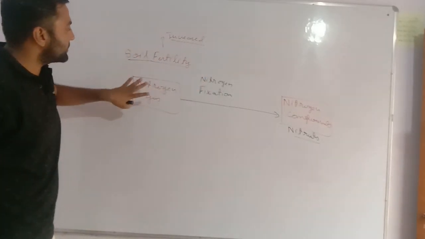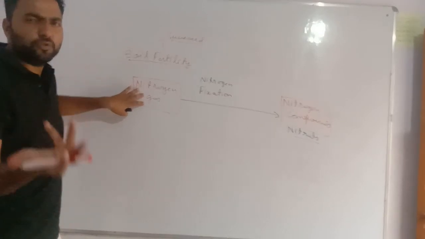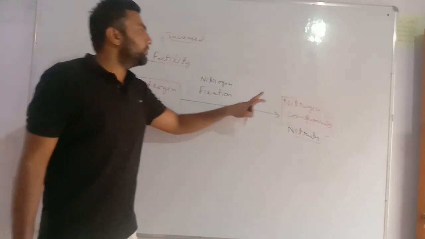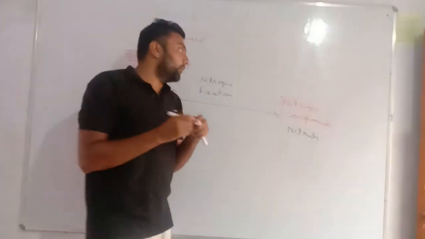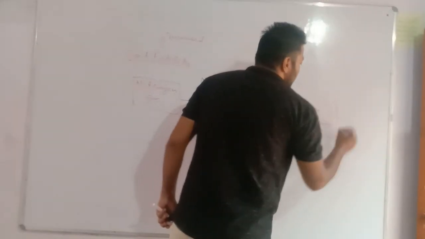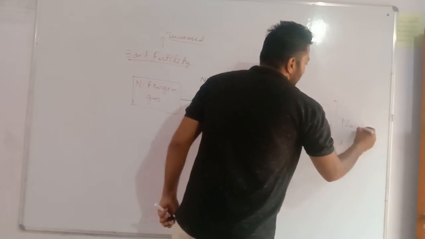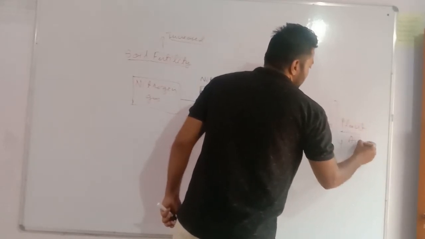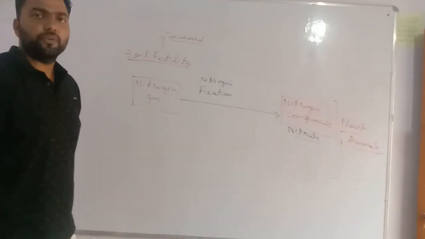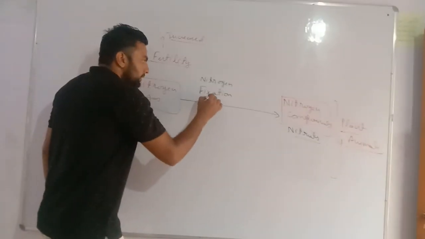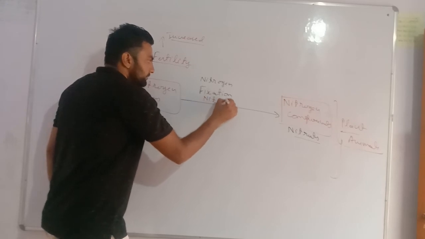Nitrogen fixation is a process in which nitrogen gas, which is not useful, gets converted into nitrogen compounds, that is nitrates, which are very useful for plants and animals. This process is known as nitrogen fixation or nitrification.